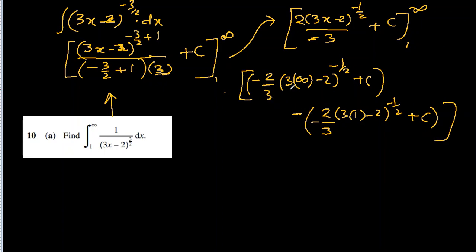So 3 times infinity will be infinity. Infinity minus 2 will be infinity. So the big number, you subtract 2 from it, what difference does it make? Nothing. So we'll be left with, let me write the first bracket here, minus 2 over 3 infinity to the power minus half plus c.